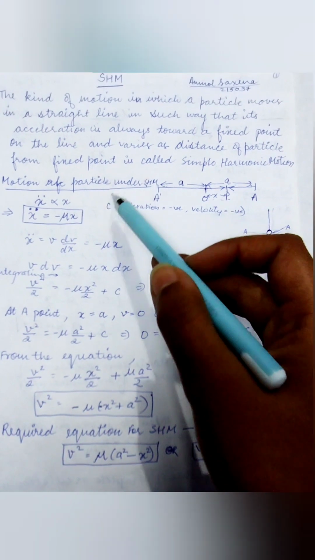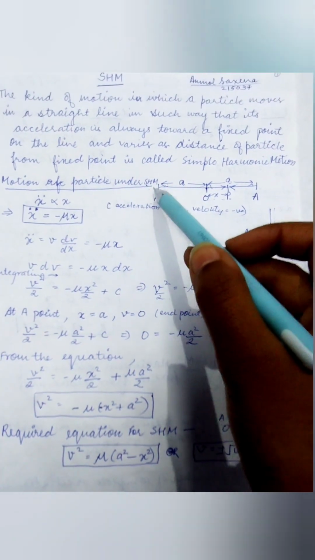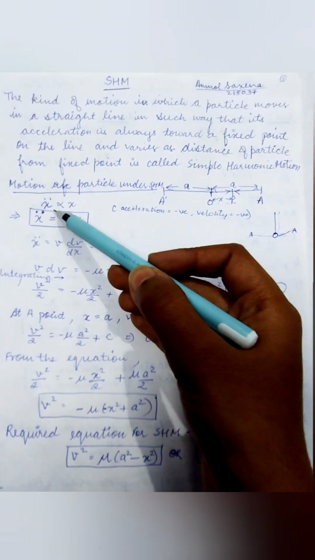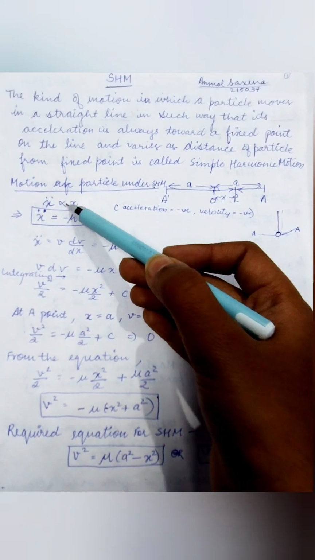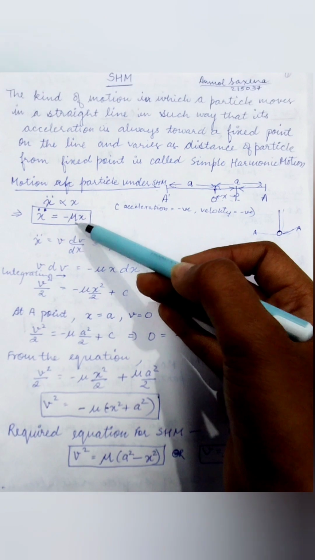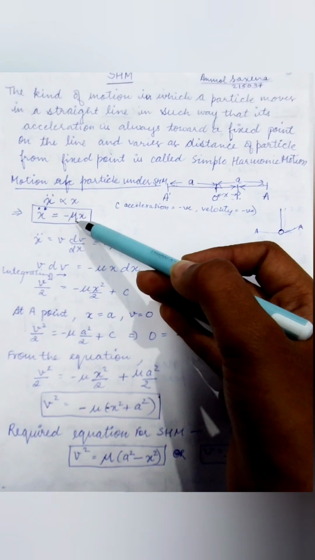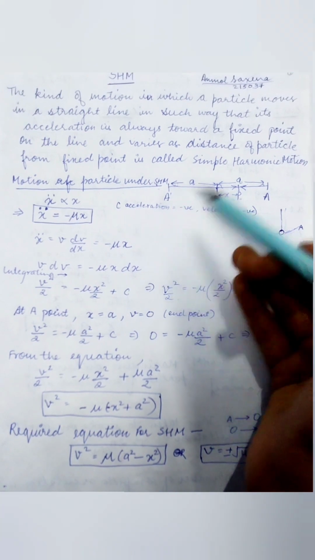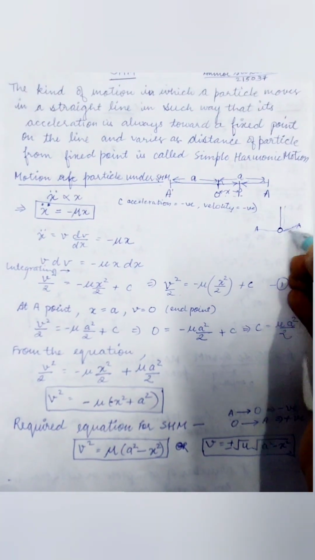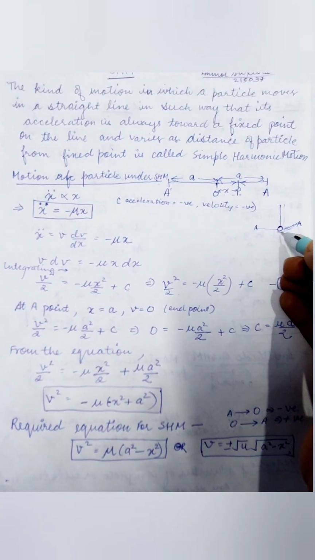So, motion of a particle under SHM. From the definition we know that acceleration is directly proportional to the distance. By removing the proportionality sign we get a proportionality constant, which is mu, and we take acceleration as negative as we take the velocity here in the opposite direction, which is negative.